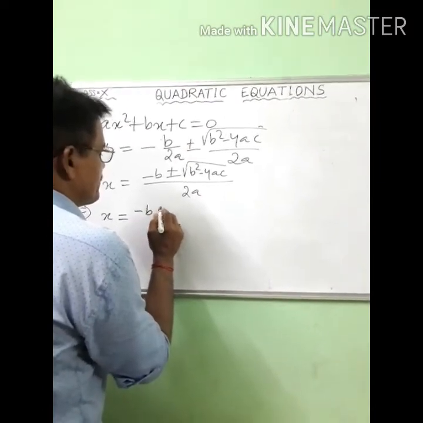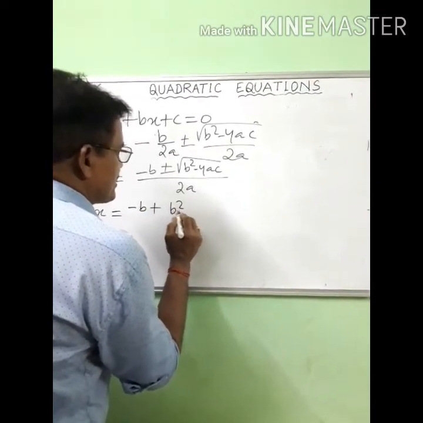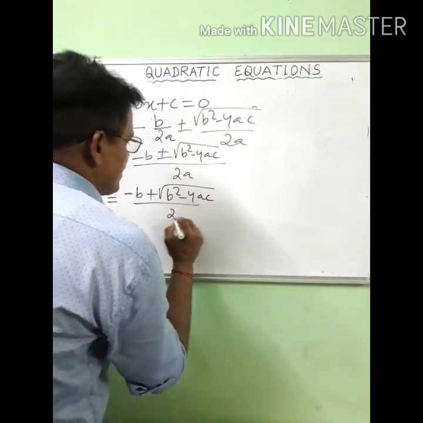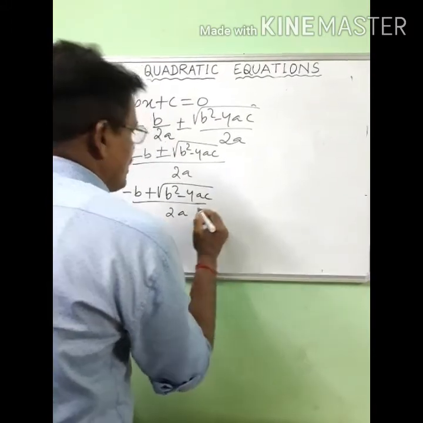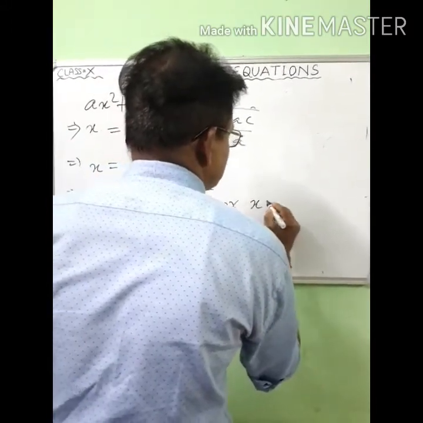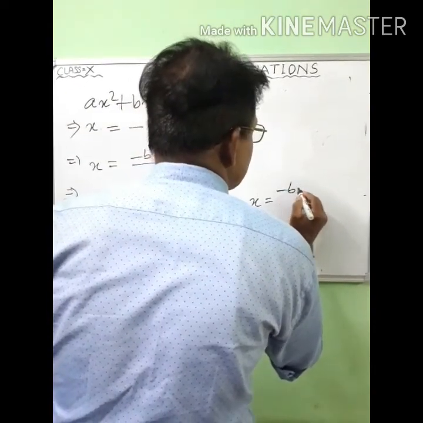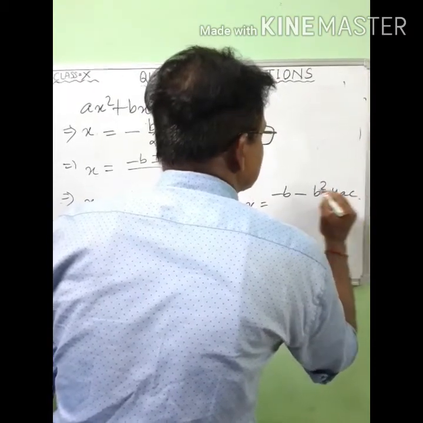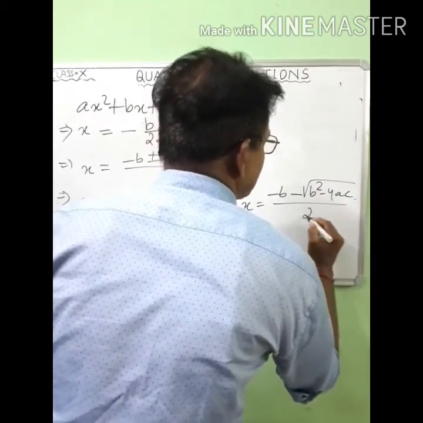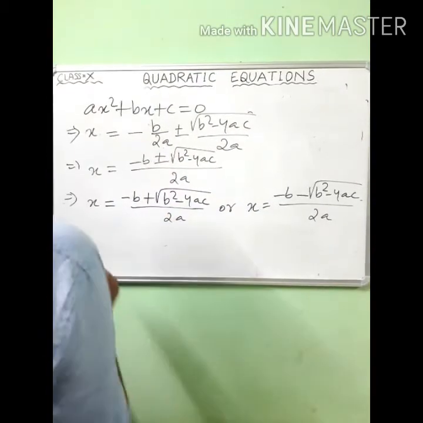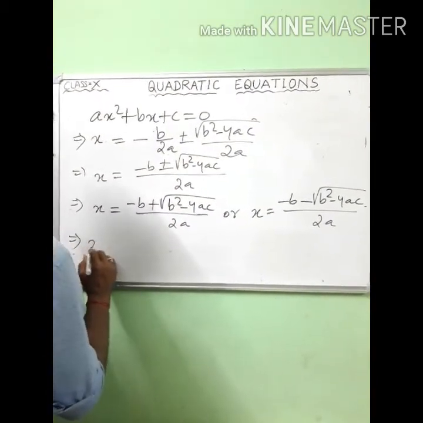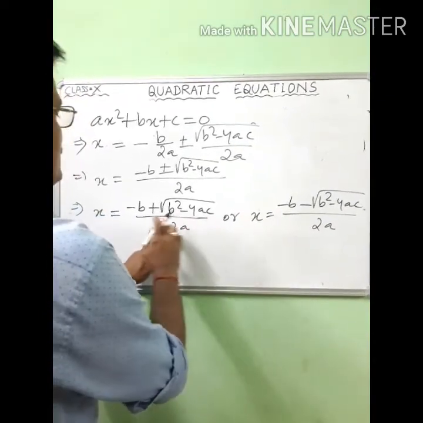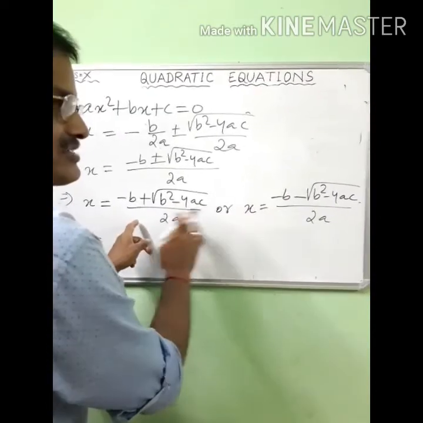This implies x is equal to minus b plus root over b square minus 4ac by 2a, or x is equal to minus b minus root over b square minus 4ac by 2a. So these are the two formulas to find the two roots.